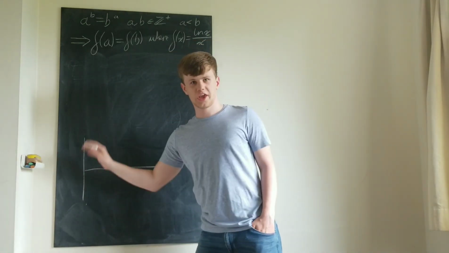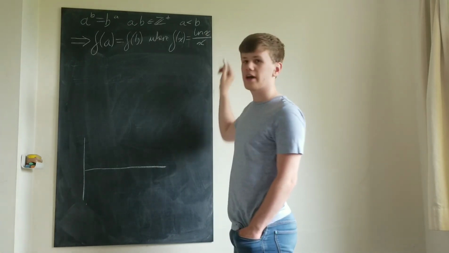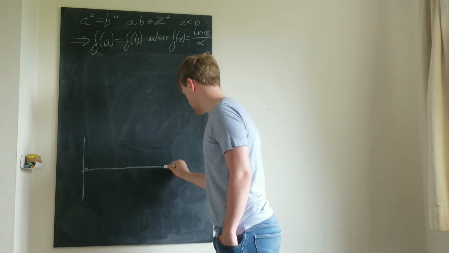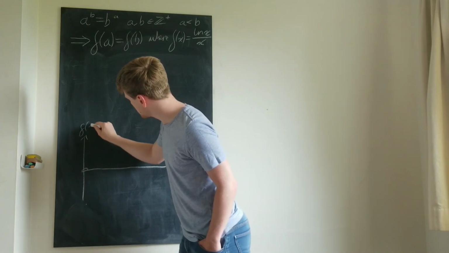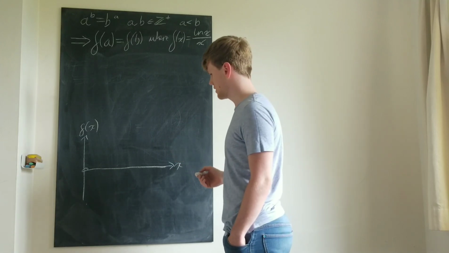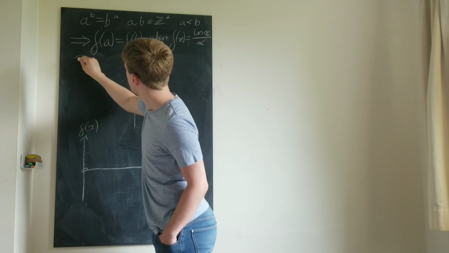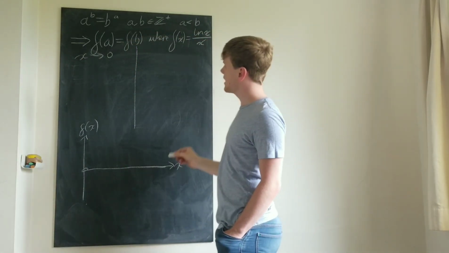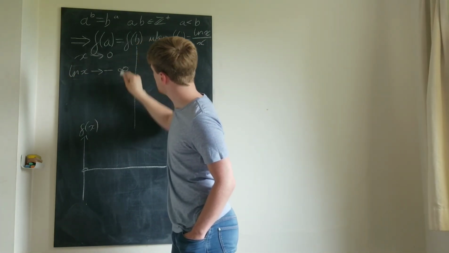Now we don't need to consider the negative side, because for negative x, ln of x is not defined. And also for x equals 0, ln of x is not defined. And we can't divide by x either. But we can consider the function as x approaches 0 from the positive side. When x approaches 0, we'll have ln x approaching negative infinity.